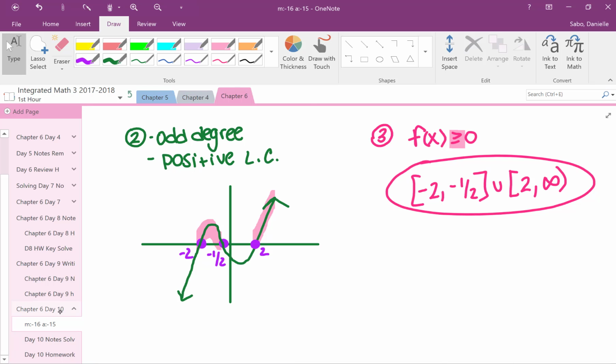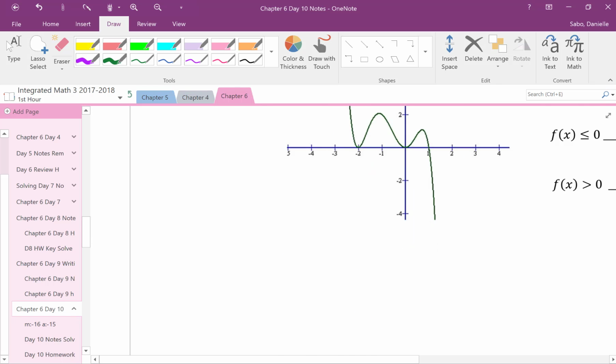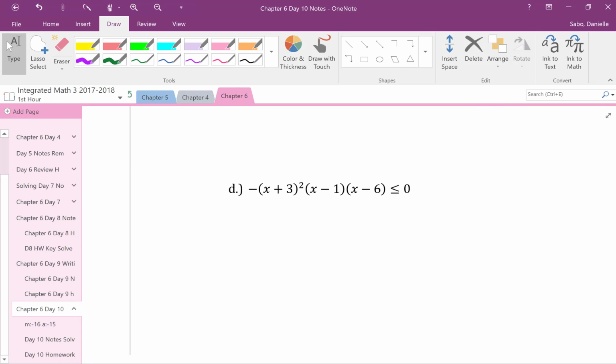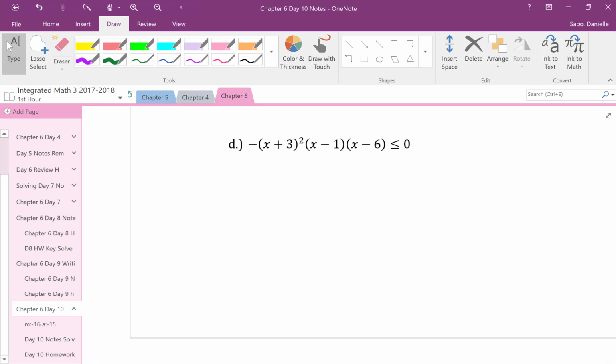Okay, all right, then I'm going to move on to the very last one here. What's really nice about this one is it's already factored for you. There could be a situation where we give it to you already factored. So for this one, my first step would just be to write out my zeros. I have x equals what? Is it -1?